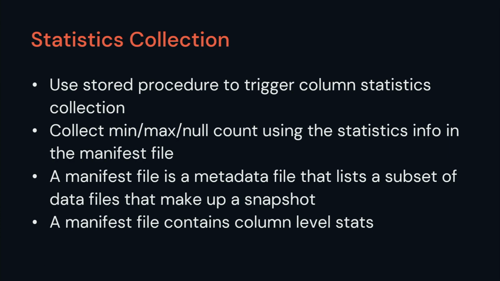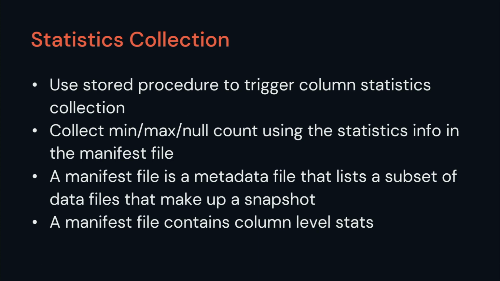For Iceberg tables, we have collected the min, max, and null count. Actually, in the stored procedure, we have called this select min, max, count from table. But to collect this min, max, and count, we don't need to do a table scan.